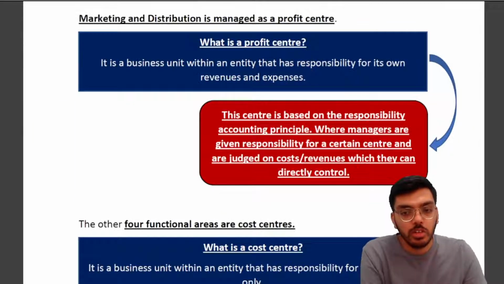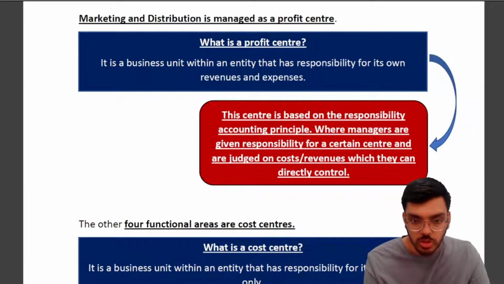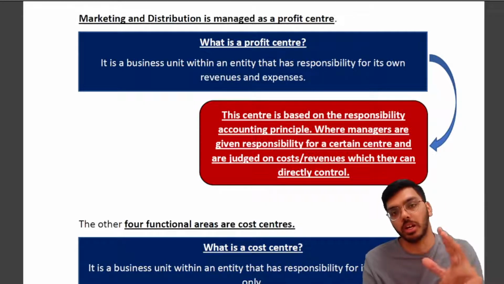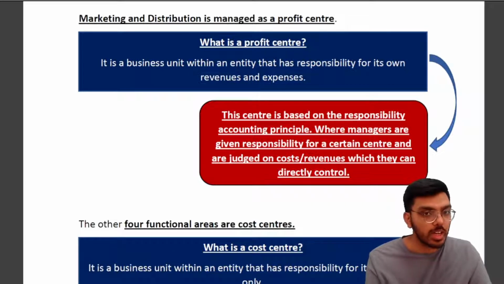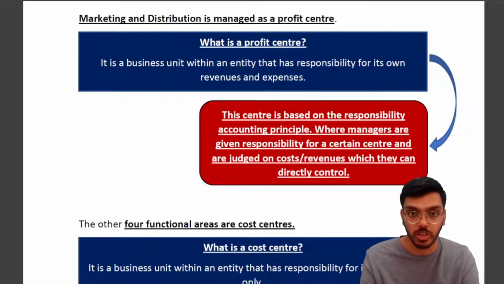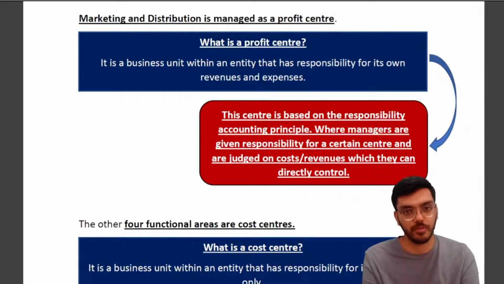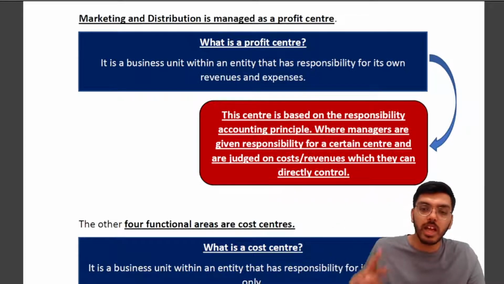Next set of information is that the marketing and distribution is managed as a profit center. So this area, this department, is looked at as a profit center. Like I told you, the principle of responsibility accounting seems to come into the picture here, because what is a profit center? Now, this is a business unit within an entity that has the responsibility for its revenues and its expenses.